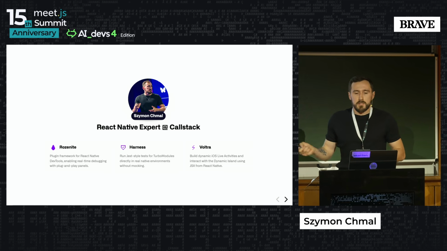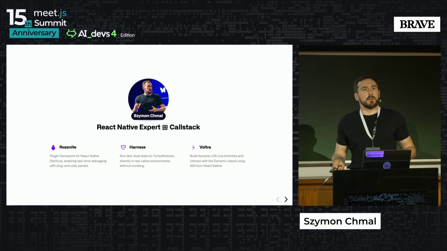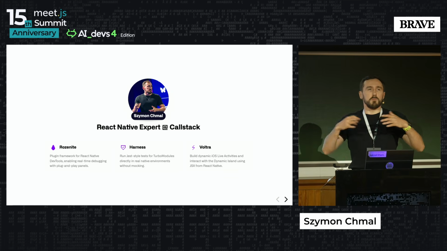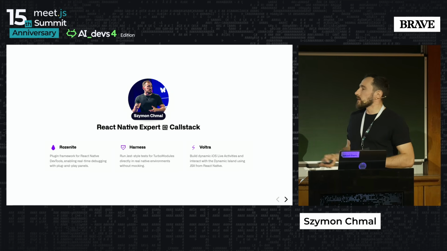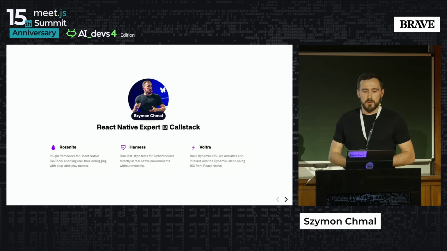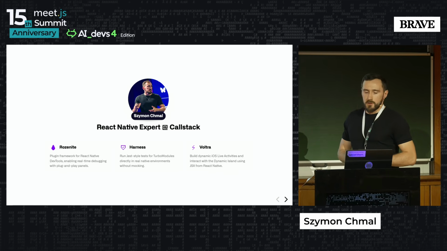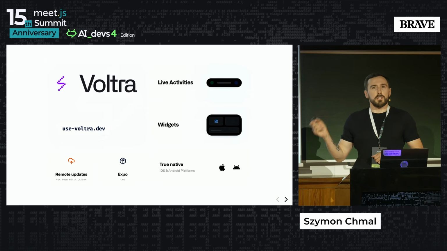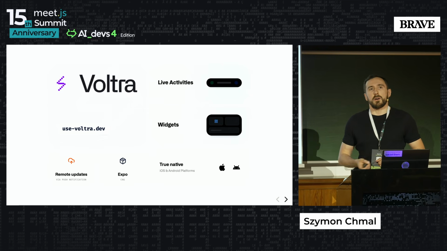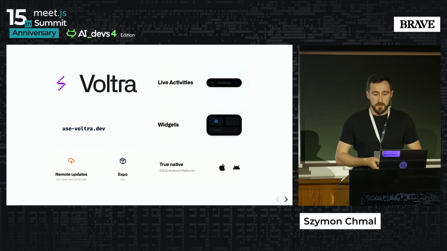Then I created Harness, which is basically a way to run JavaScript tests in full-blown end-to-end React Native environment without any mocking. You have access to all the native APIs. And now we are going to talk about Voltra, which allows you to build live activities and widgets for iOS and Android via React Native and JavaScript.